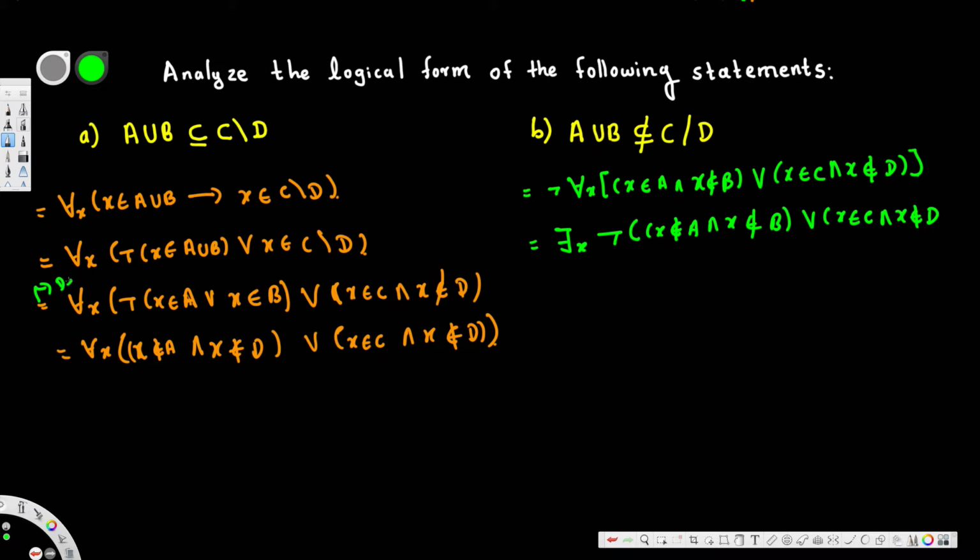Here we used the definition of union and difference, and for this one we used De Morgan's, and for this one we used the quantifier negation law.